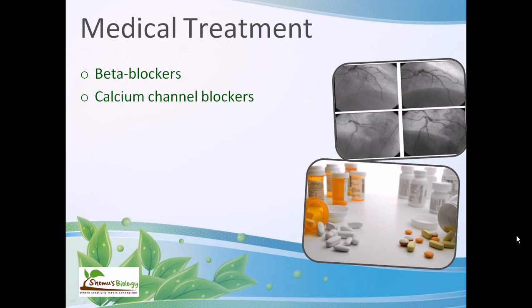Second thing are calcium channel blockers. Calcium channel blockers have more of the function of arterial dilation. That's the major function of calcium channel blockers. Once plaques start to form in your coronary artery, this calcium channel blocker can block the calcium channels present in your endothelial cells.